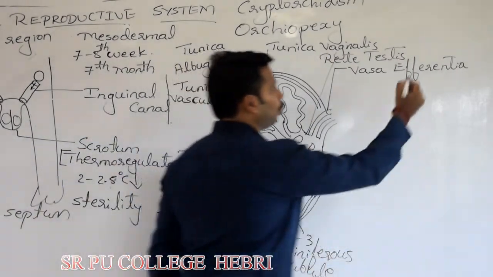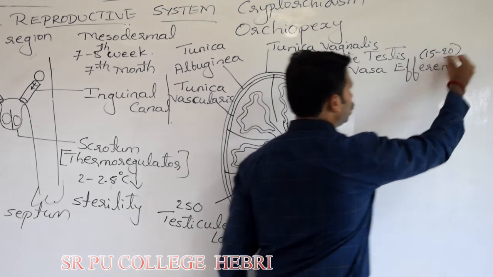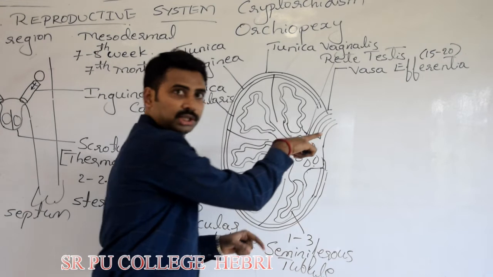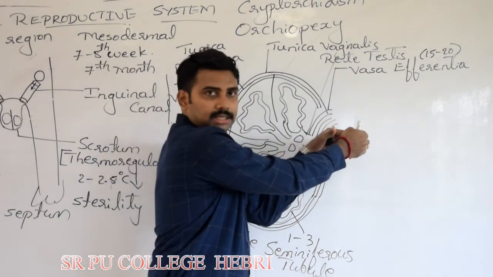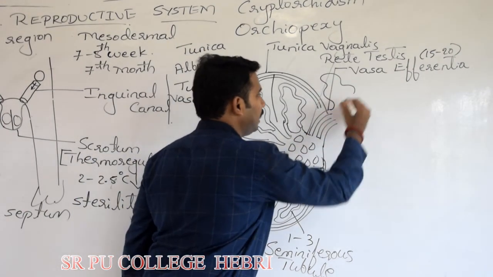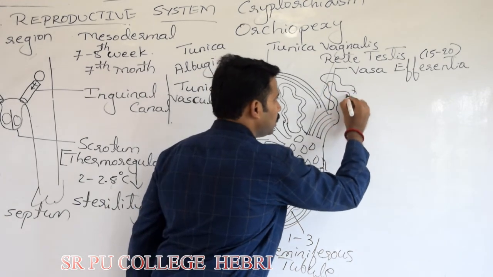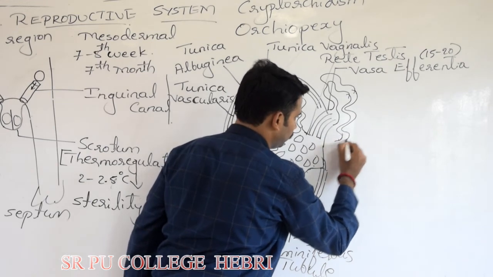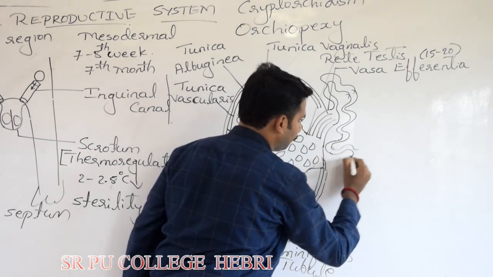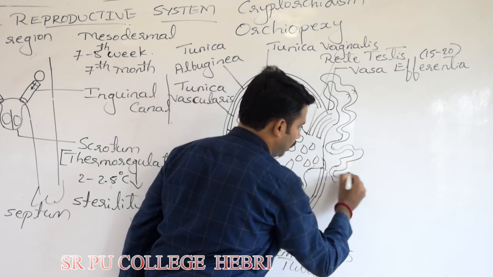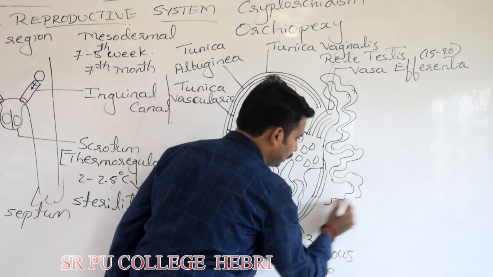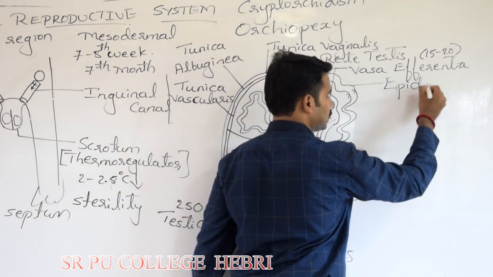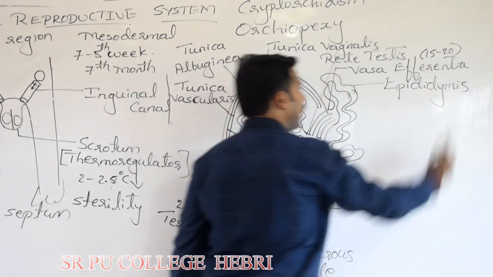These 15 to 20 vasa efferentia pierce the wall of testis, come out of the testes and lead to a 6 meter long, highly coiled tubule. This 6 meter long tubule is called epididymis.